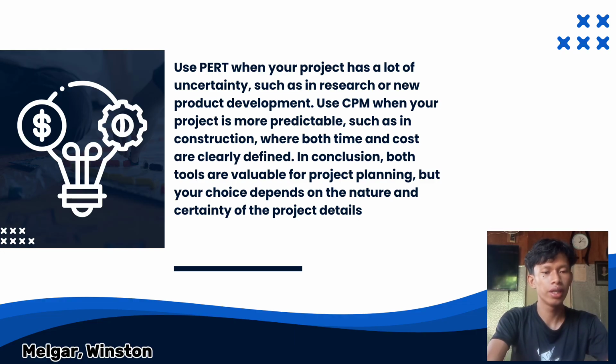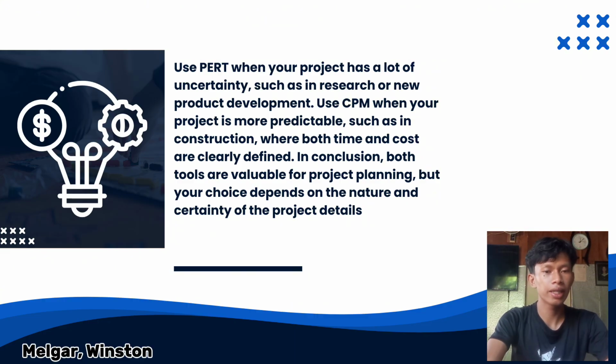So the total is 6. Now, the solution is 5 plus 4 times 8 plus 12 over 6. It equals 5 plus 32 plus 12 over 6. Also, it equals 49 over 6. Then 49 over 6 equals 8.17 days.